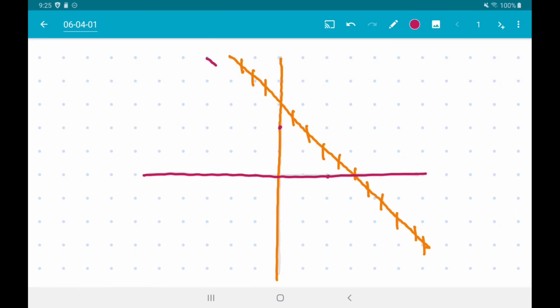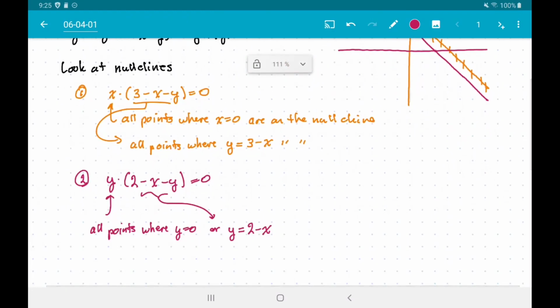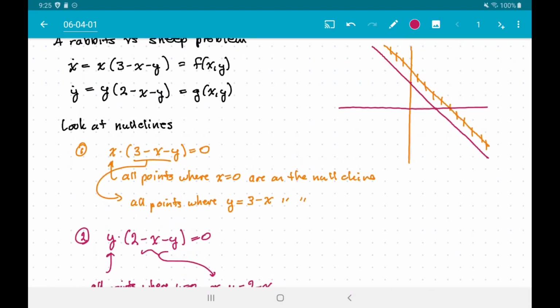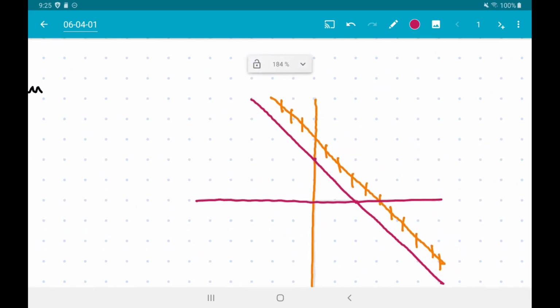So let me draw that in. So the points that I've drawn in magenta there are solutions to g equals 0. That means y dot equals 0. So on these magenta lines, the vector field has to be entirely horizontal.